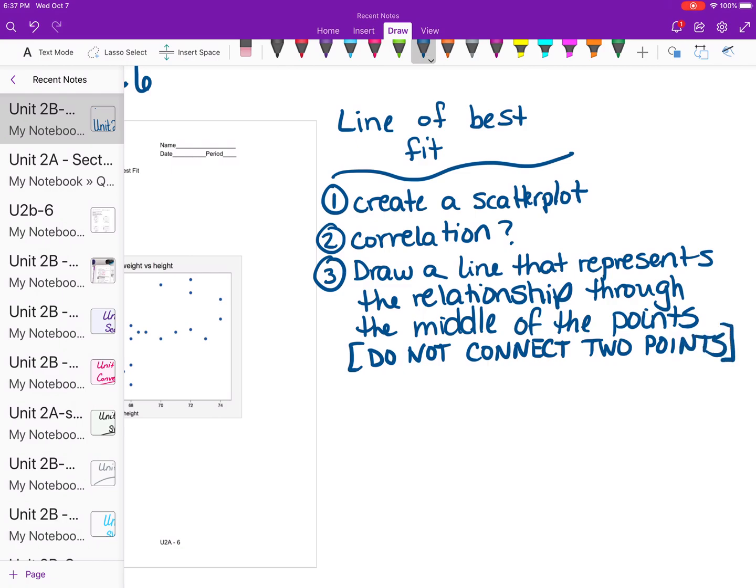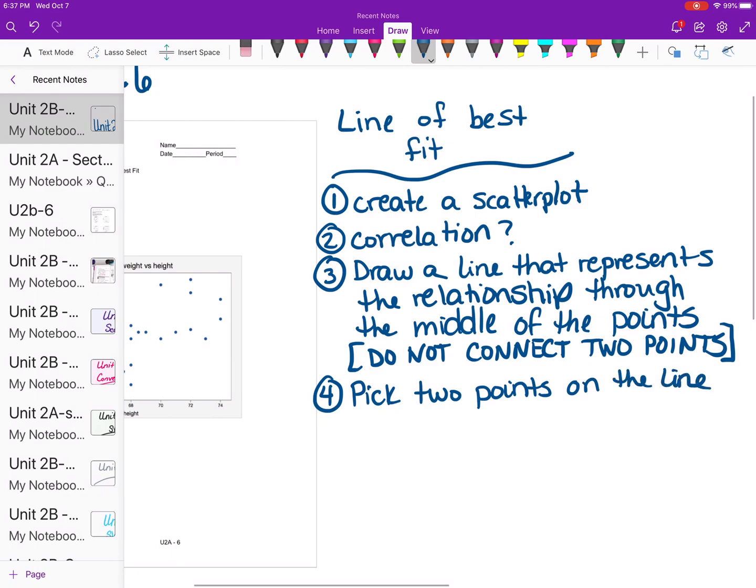The next thing you're going to do is pick 2 points from the line. Not 2 points that were already there, 2 new points, okay? And then find the slope using those points.